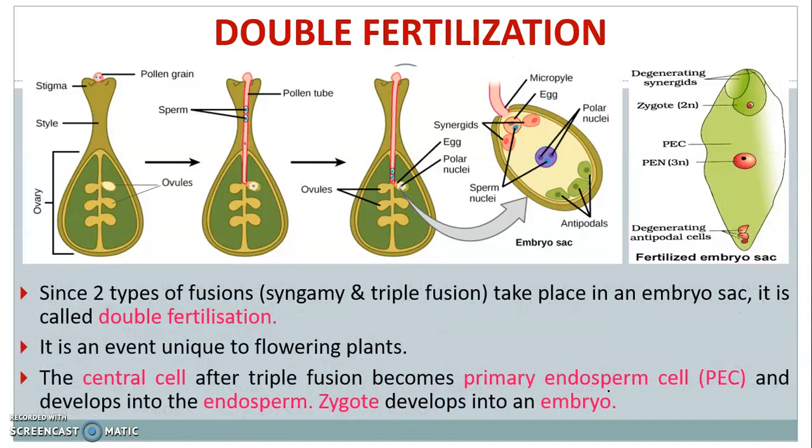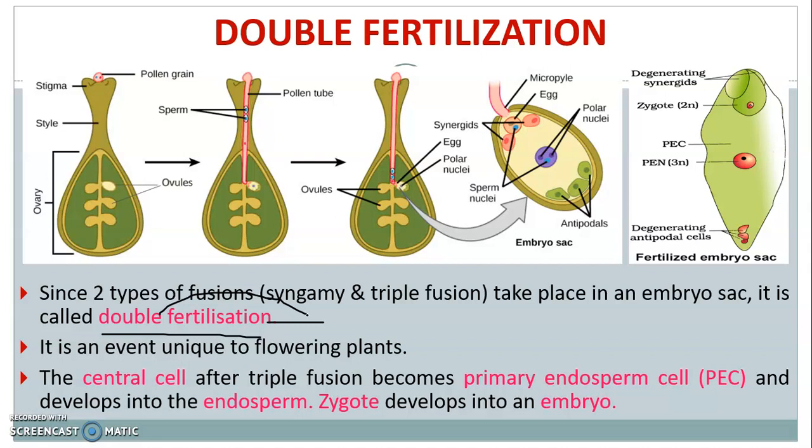When two types of fusion, syngamy and triple fusion, take place inside the embryo sac, this type of fertilization is known as double fertilization. Double means two times: first with the egg and second with the central cell.